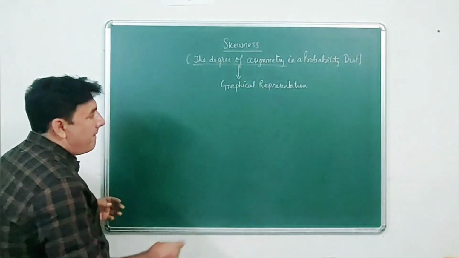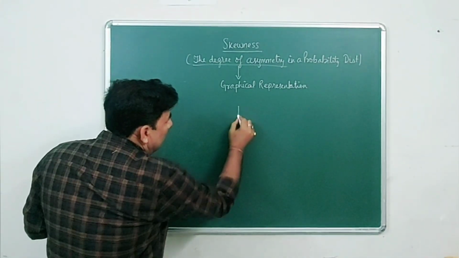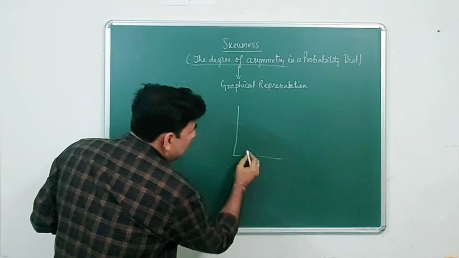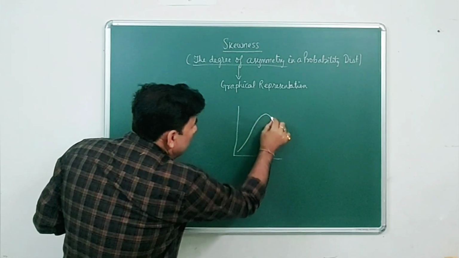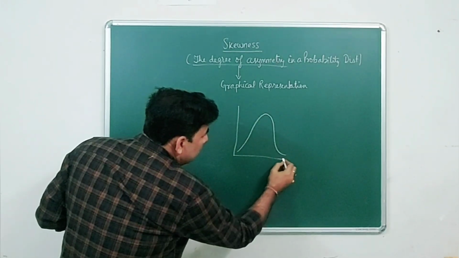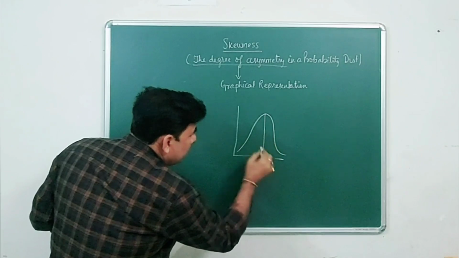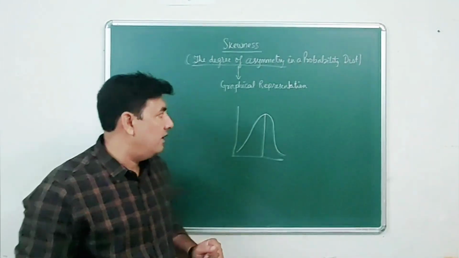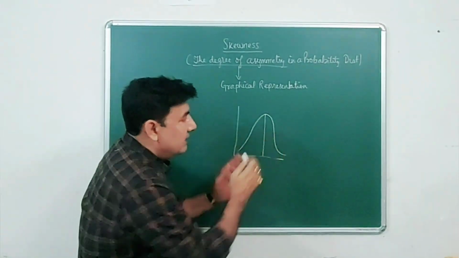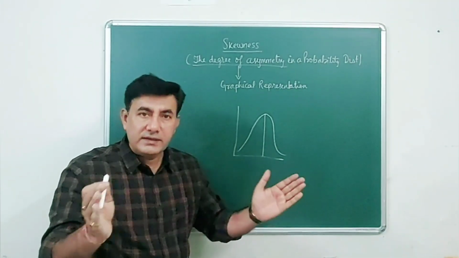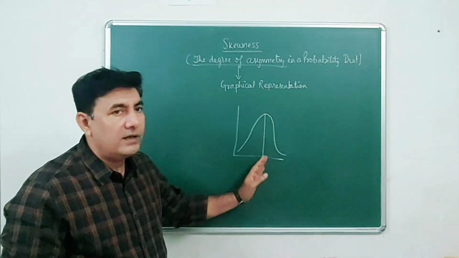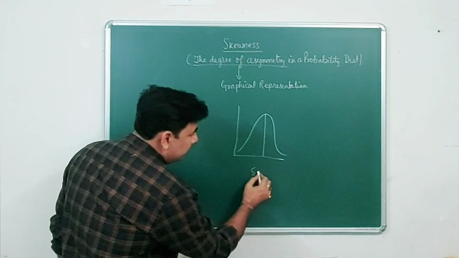So let's see. Now suppose this is when you draw a bell-like curve, right? This is also based on mean, median, mode, and if both the sides are well balanced at the same distance from the middle point, so this is called symmetrical.